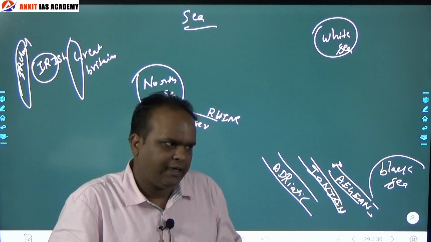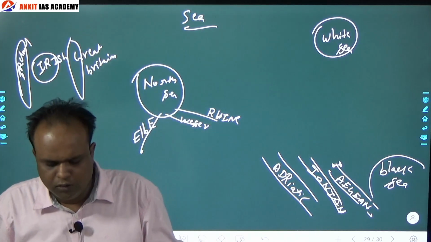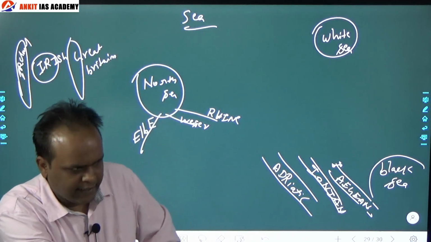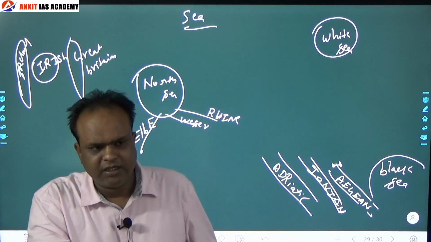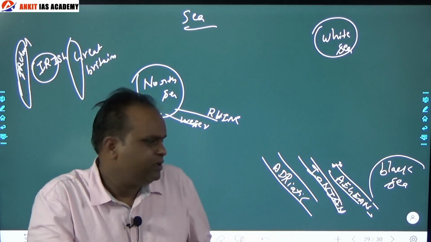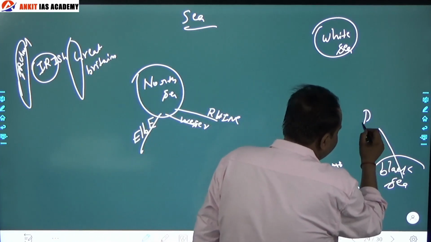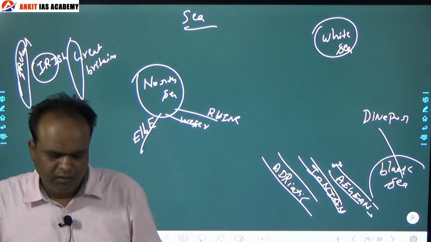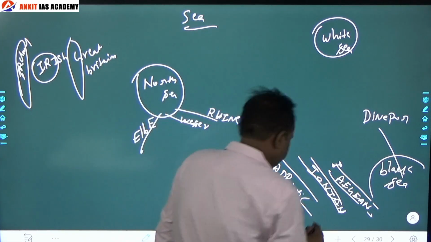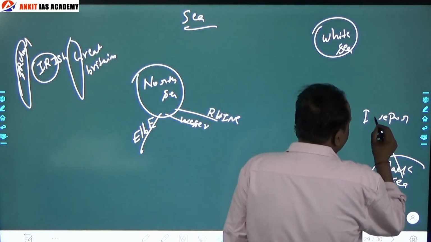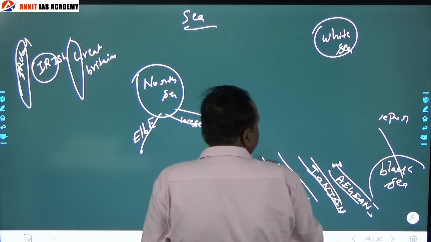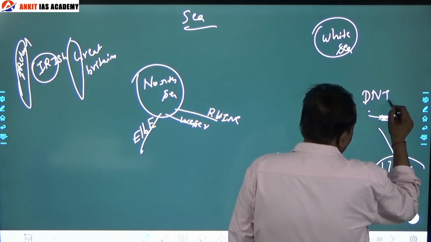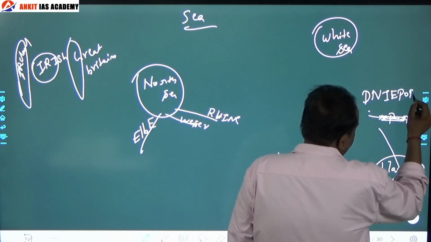Number 1, Don, D-O-N. Danube, D-A-N-U-B-E. Next, Dnieper, D-N-I-E-P-E-R.